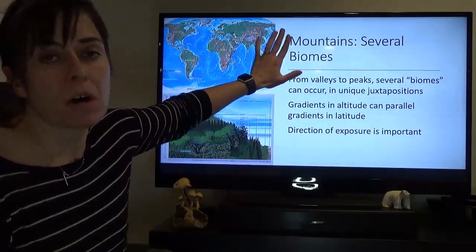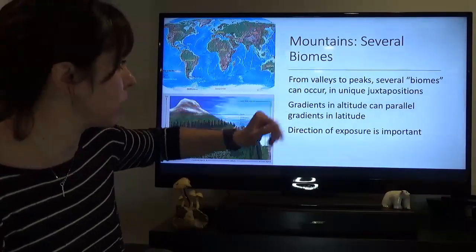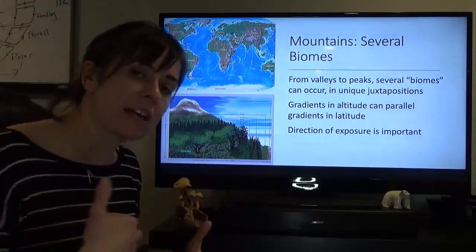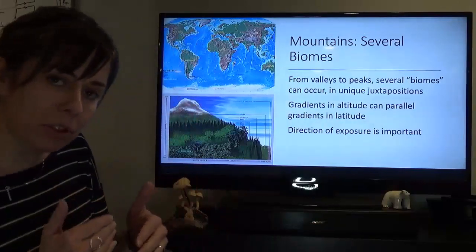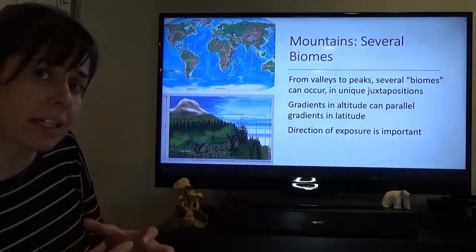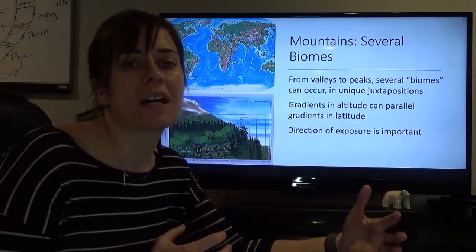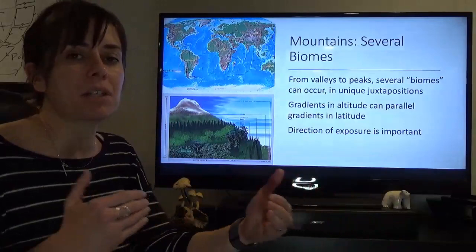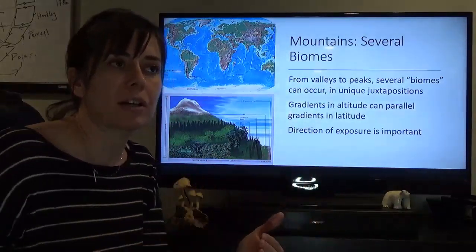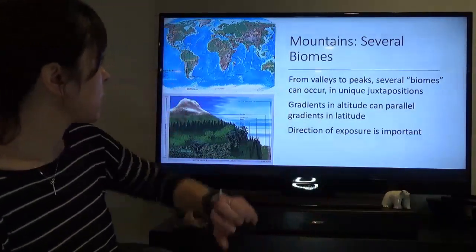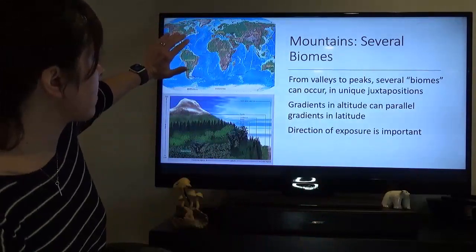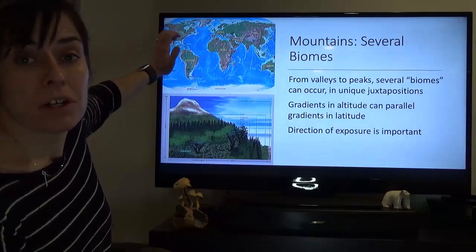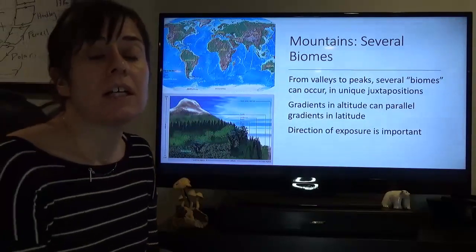So the thing I want you to take home about mountains is that when we think about latitudinal gradients, whether we're thinking about a latitudinal gradient from lowland aseasonal tropical forest up to savanna or grassland type systems as you're moving across that latitudinal gradient of precipitation, or whether you're talking about a latitudinal gradient from temperate to Arctic or boreal to tundra.